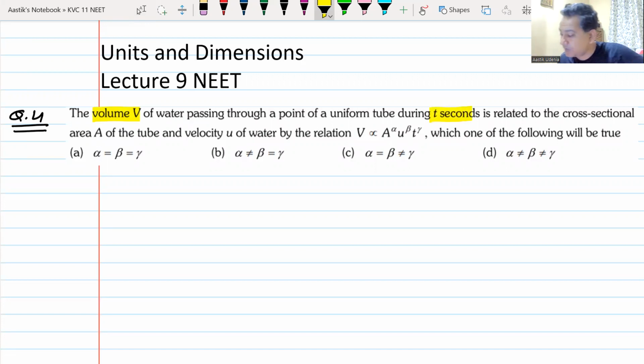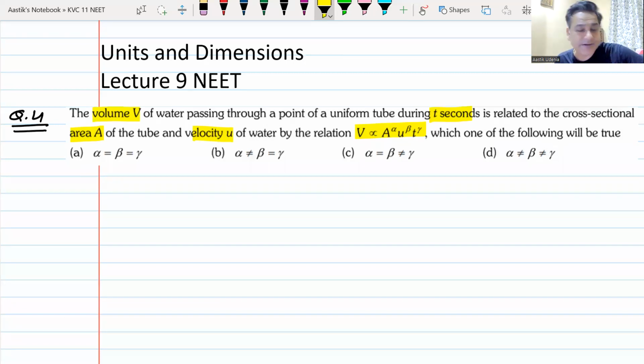So t is time, v is volume, related to the cross-sectional area A. A is the area, u is the velocity, and the relation is given as v is proportional to A raised to the power alpha, u raised to the power beta, and t raised to the power of gamma. We are supposed to find out which of the following relations is true.